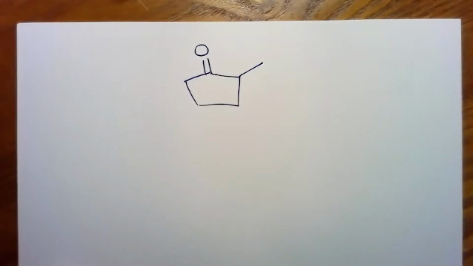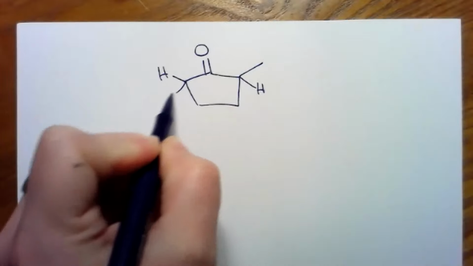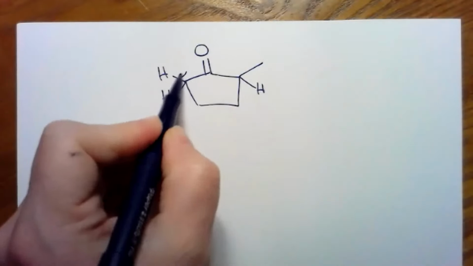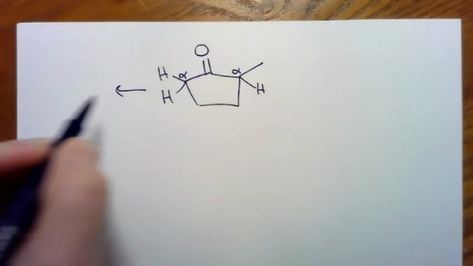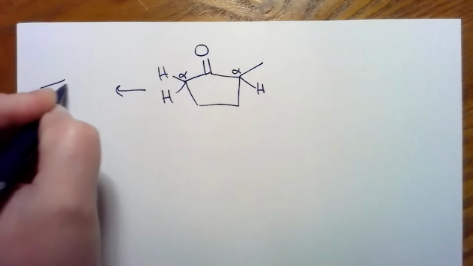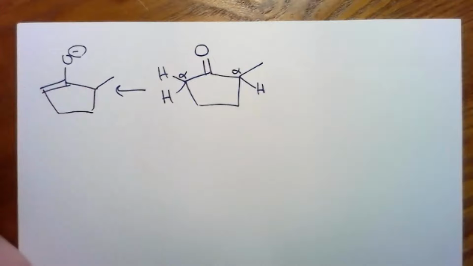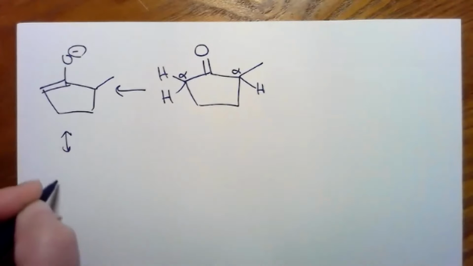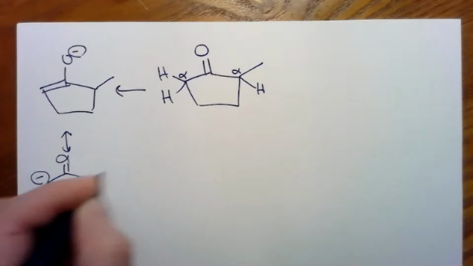If I have this ketone, I have two different types of alpha hydrogens. Alpha here, alpha there. Two different types of alpha hydrogens. If I pluck off a left alpha hydrogen, I can make this enolate. That's the oxyanion version. Here's the carbanion version.